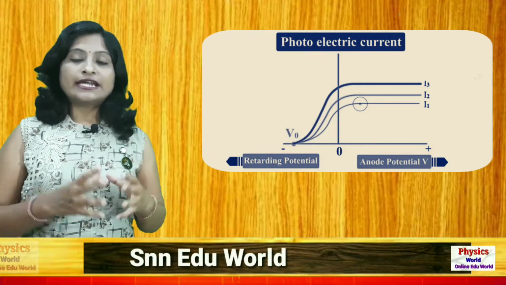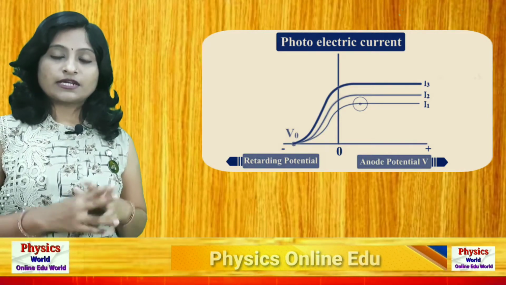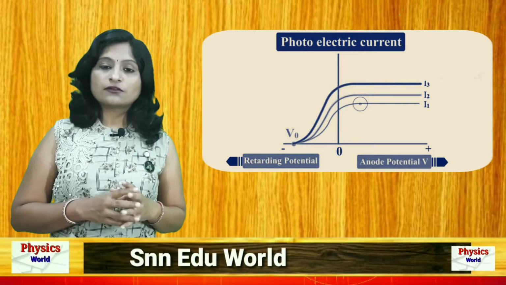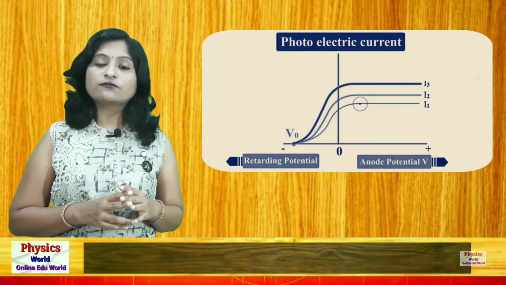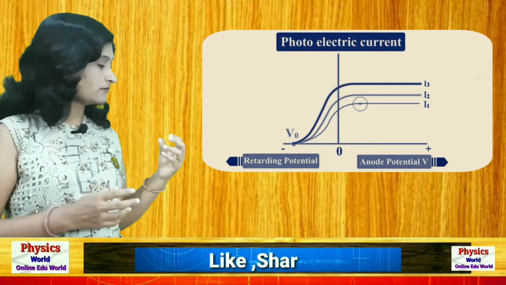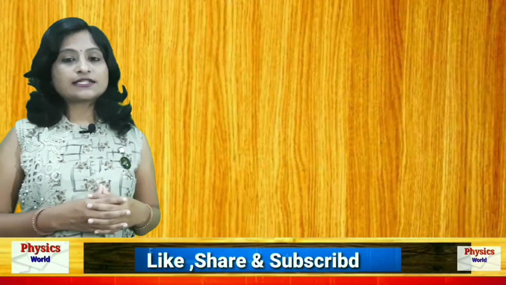That means intensity will not affect the stopping potential, it will affect the saturation current only. So these are some effects which we study from the experimental setup of the photoelectric effect.